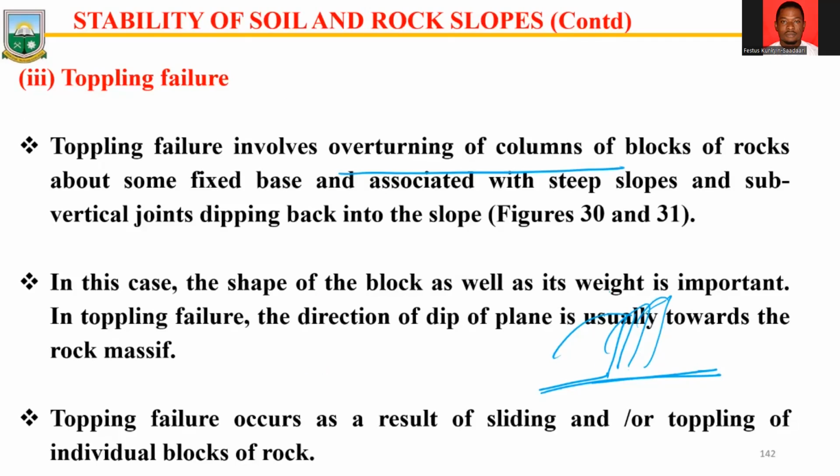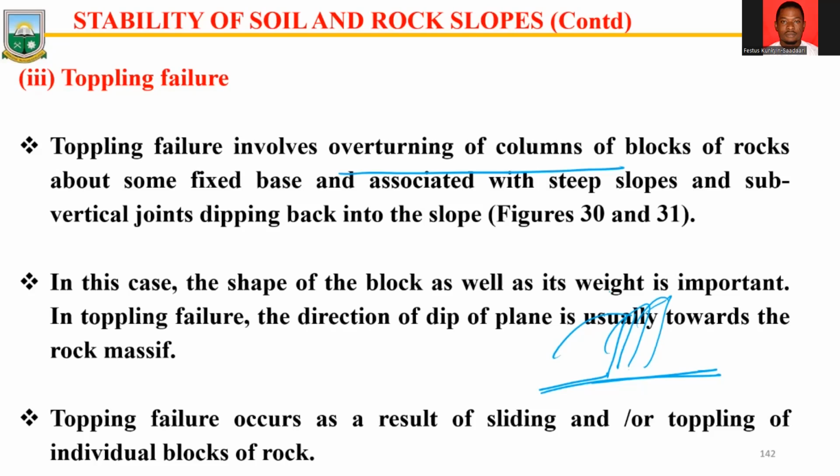The massive is the formation that is going to cause the failure. A group of material that is going to cause the failure is what we call the massive.